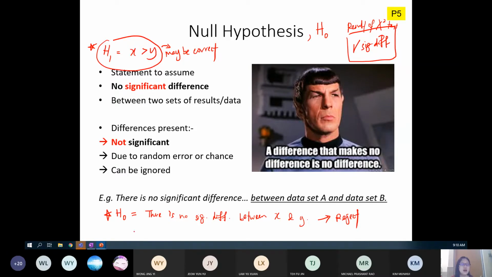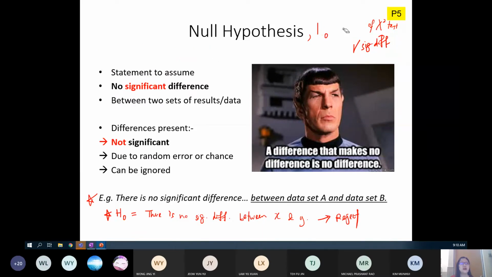So that's a function of the null hypothesis. It's something for you to reject or accept at the end of a statistics test. I think as we go along and do an example, you get the idea of it. But for now, just remember the formatting. This is the format. So you can get rid of all of this. Don't care first. Later we will figure it out and have a better idea of what's going on when we do an example. Just remember the formatting.